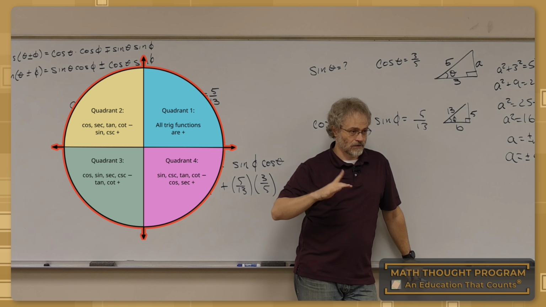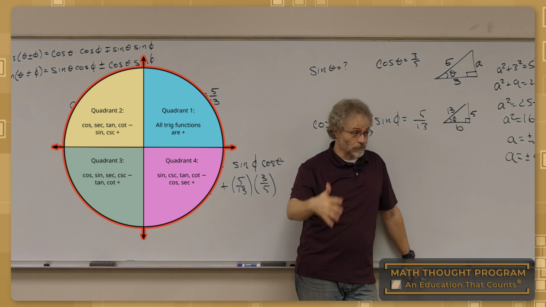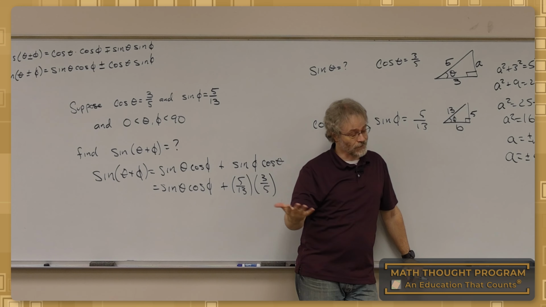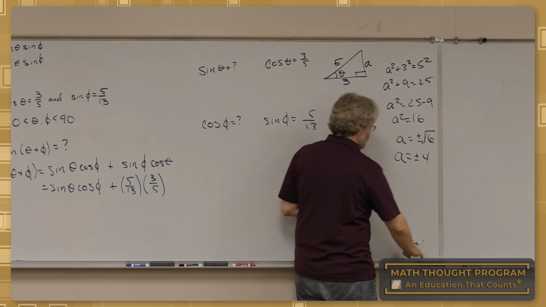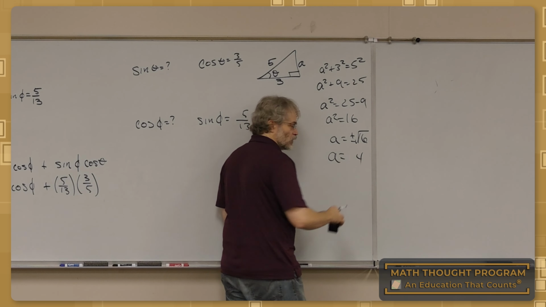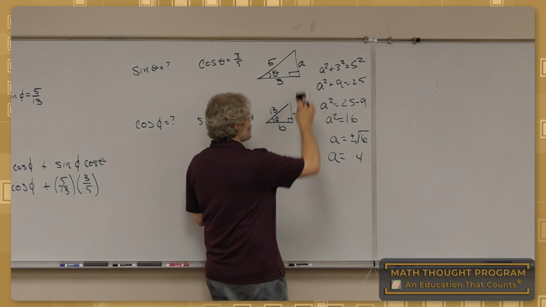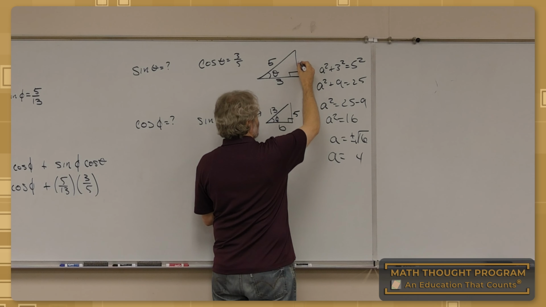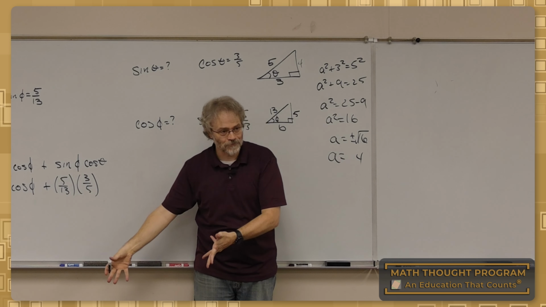And if you're in quadrant 1, is cosine positive? Is sine positive? Yeah, everything's positive. So when you take the square root, you are looking at the principal square root, the positive one. So this would be simply 4. And of course, we could have seen this before because it is our 3, 4, 5 triangle.